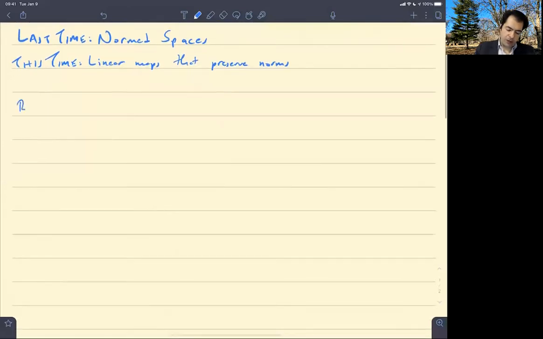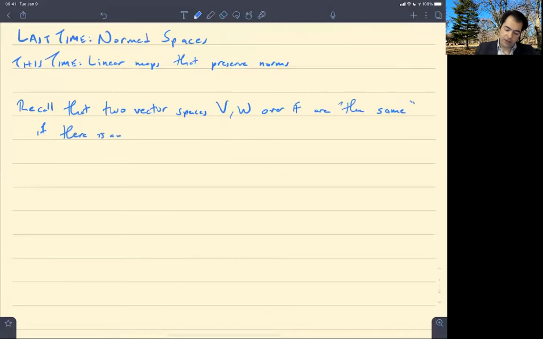Okay, so just for drawing a parallel, let me recall that two vector spaces, V and W over a field F, are the same, in quotes, if there is an invertible linear map T from one to the other.